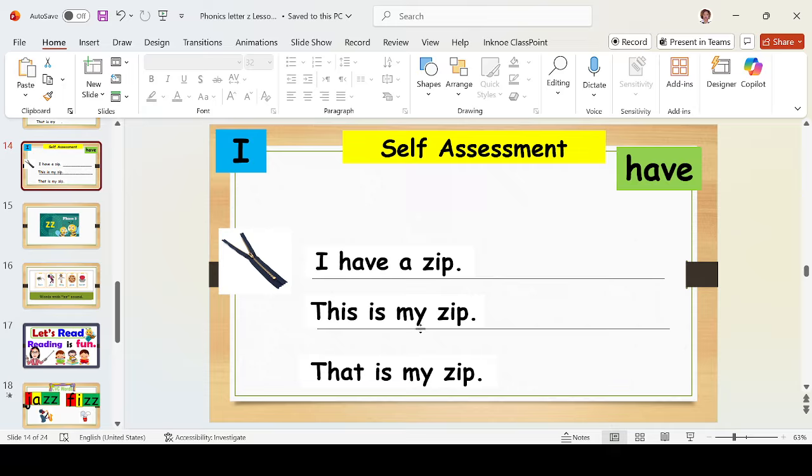This is my zip. It is my zip. That is my zip. So after drawing your zip, you can write, I have a zip. You have a zip. This is my zip. That is my zip. It is my zip. Okay.